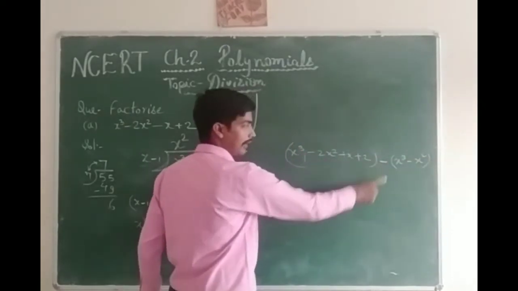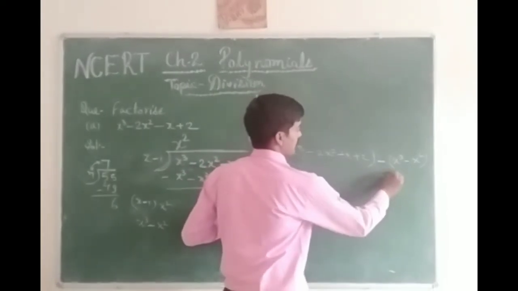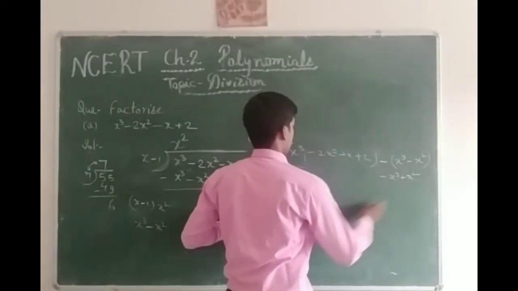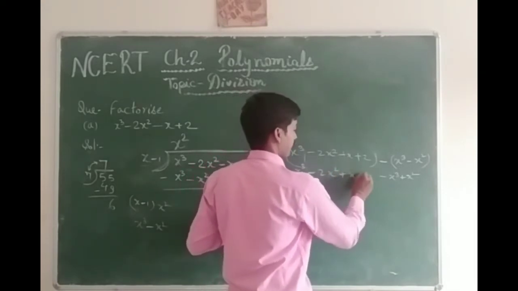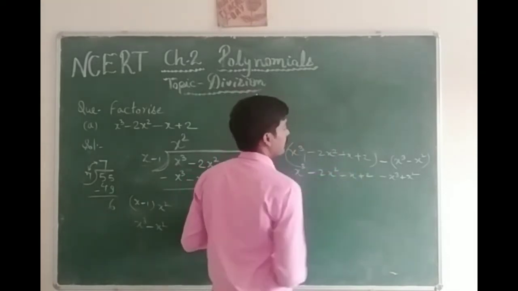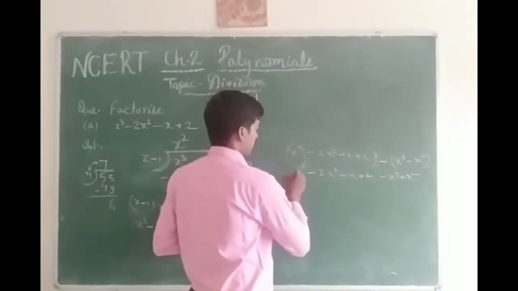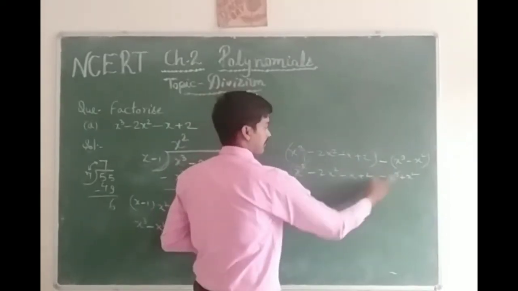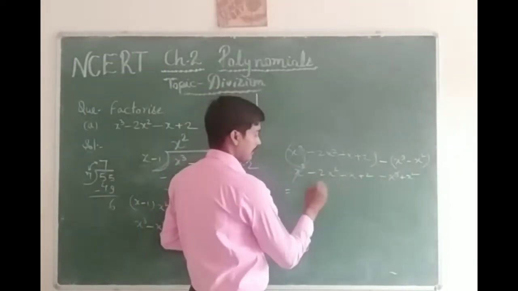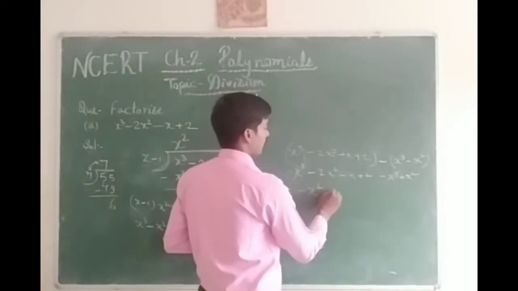You know very well that when this minus sign enters the brackets, the signs will be changed: x cube plus x square. Now x cube minus x cube, this one is plus, this one is minus, cancel out, and minus plus becomes minus again, and the sign of the bigger value is here.